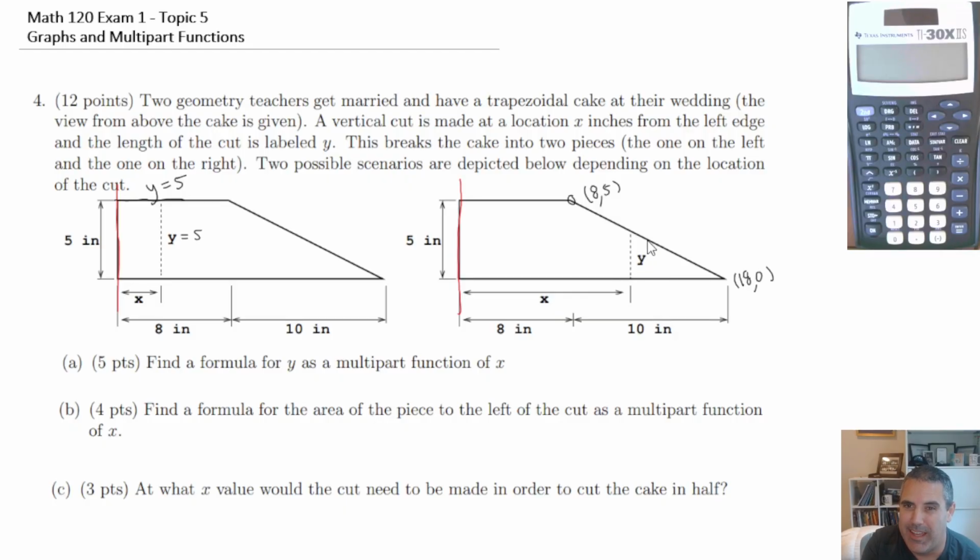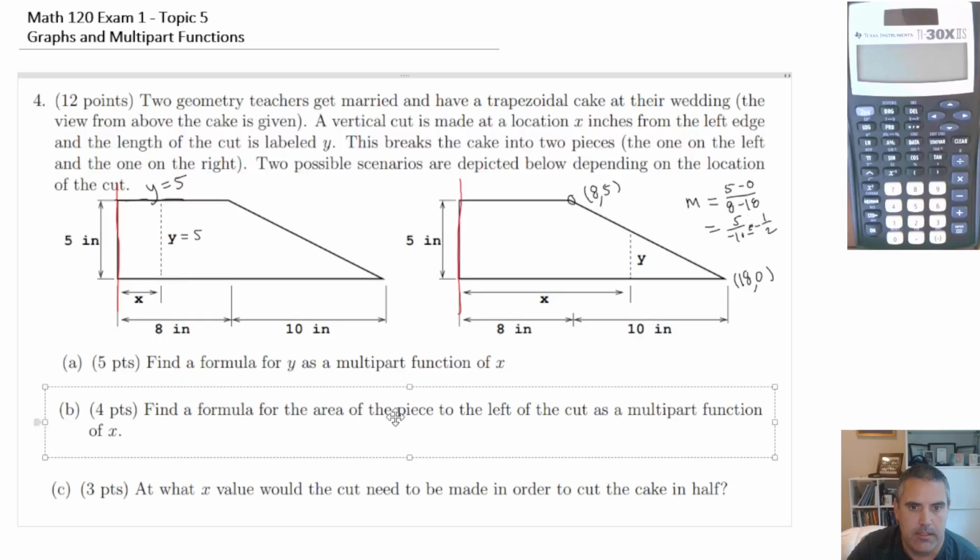If I wanted that height, I'm going to find the equation for that line. So m is equal to 5 minus 0 over 8 minus 18, which is 5 over negative 10, negative a half.